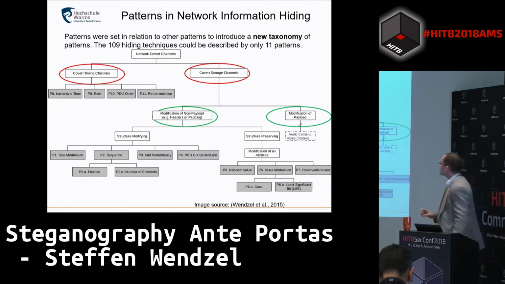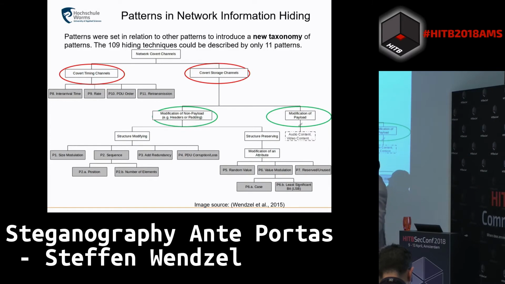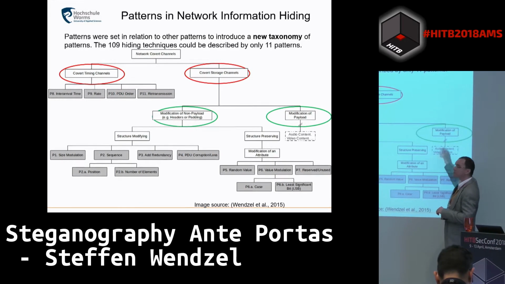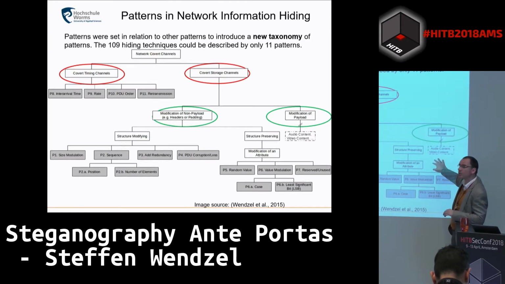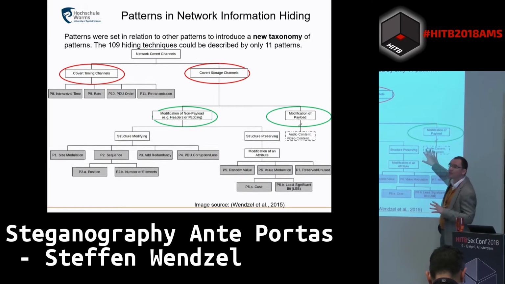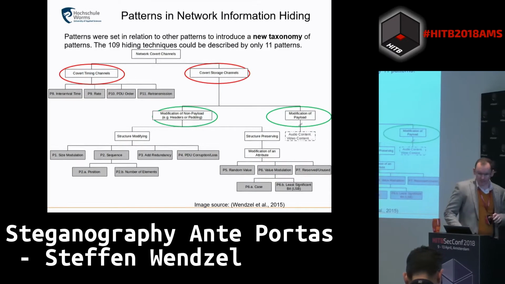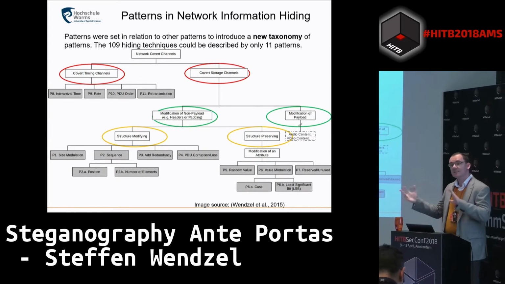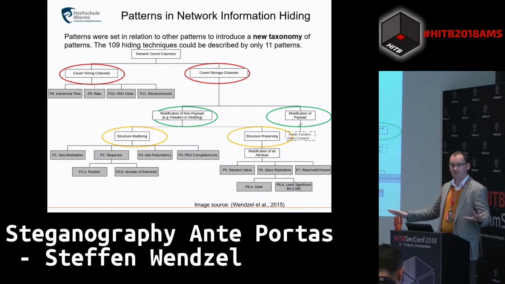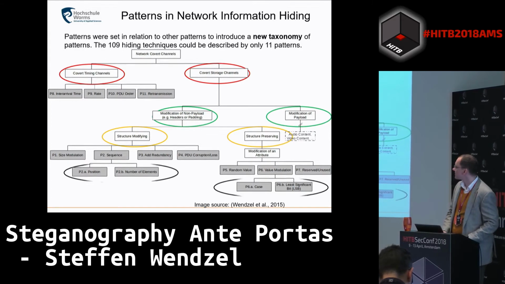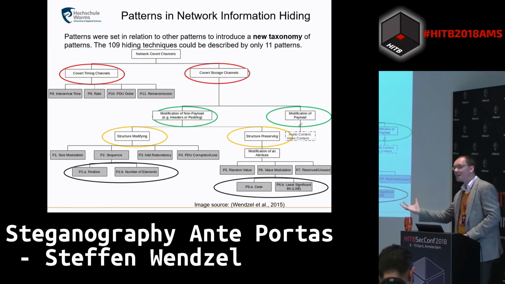We also distinguish whether we modify some metadata, some non-payload of the network traffic, or the payload itself. I exclude this part. That's digital media steganography, so you can select every media type and modify it. That's no news. But I want to speak more about the network side, so we exclude that. And if we exclude payload, then we can keep the structure of the metadata or we modify it. That's basically it. So we came up with these 11 patterns, plus a few, as you can see, sub-patterns, special types of the patterns.